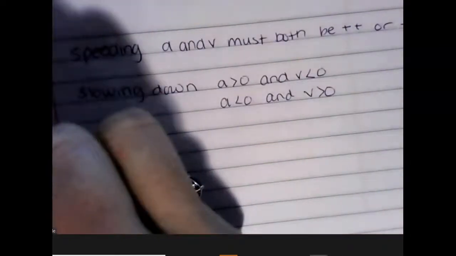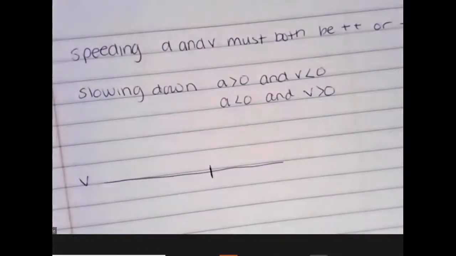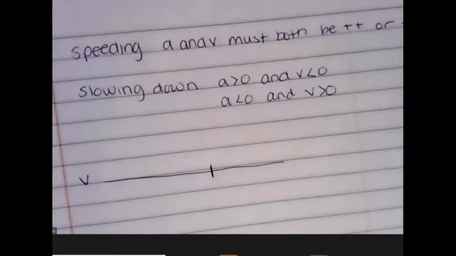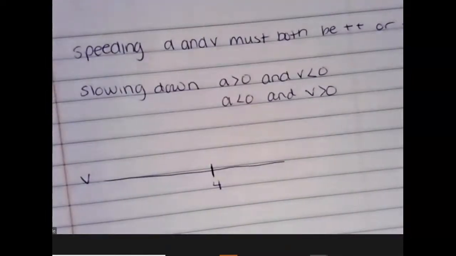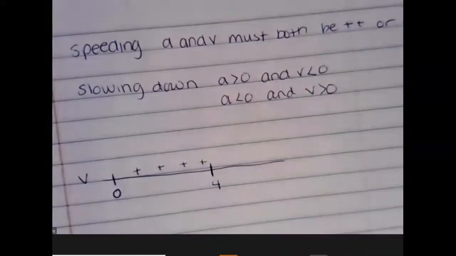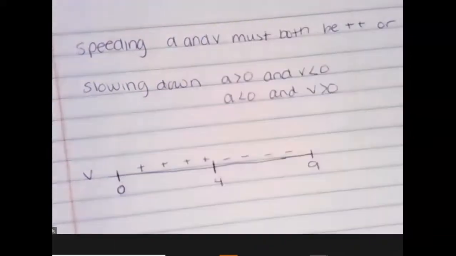According to the graph, it had one point at which it crossed the x-axis, at time t equals 4. So at 4, the velocity was 0. From 0 to 4, the velocity was positive, and from 4 to 9, the velocity was negative.